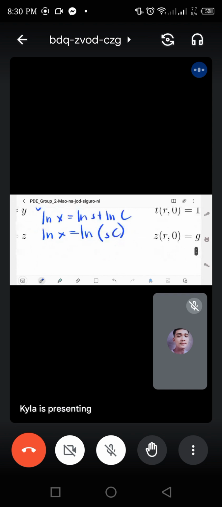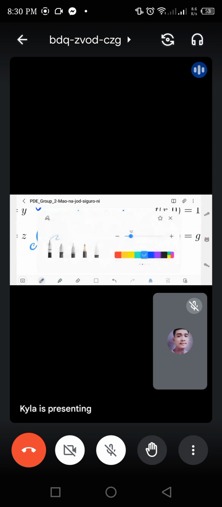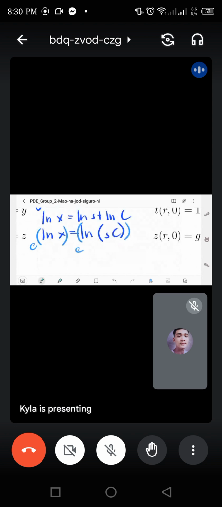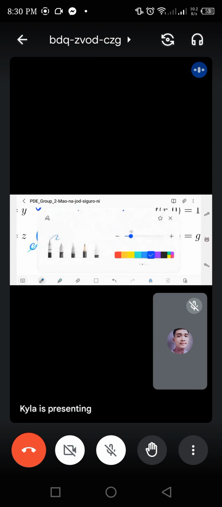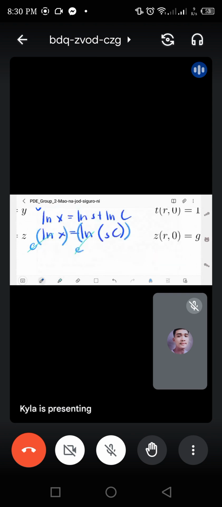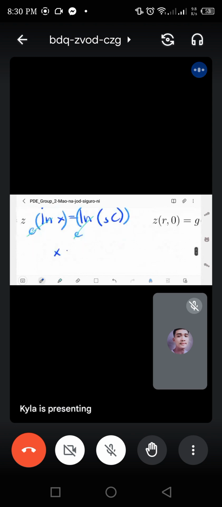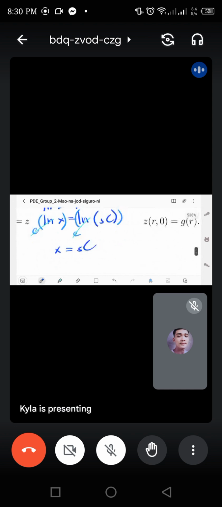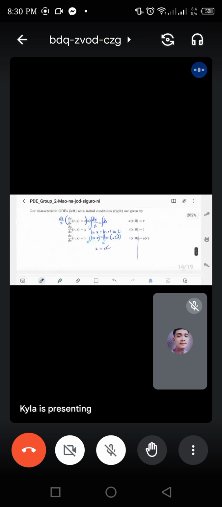Then, to get rid of the ln, we make it an exponent of e on both sides. So that cancels, and what remains is x equals sc.